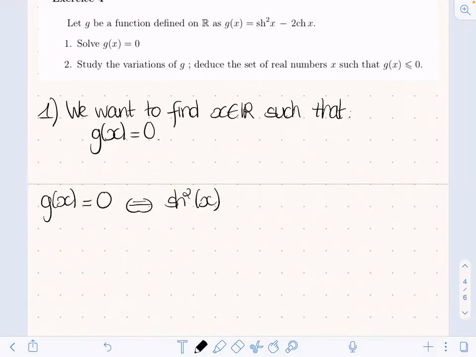So if we just copy out the function g of x, we reach this: hyperbolic sine squared minus 2 hyperbolic cosine equal to 0. Do you have any idea how we can proceed when we get to that step?